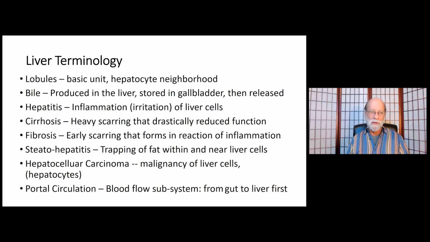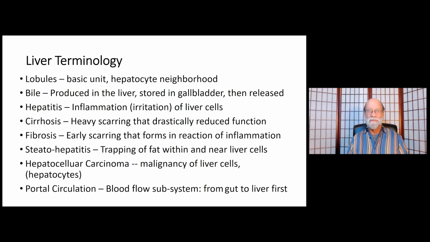And these neighborhoods are built around two types of freeways. The freeways that carry blood back to the rest of the body, and then these freeways that are carrying blood into the liver and also bile out of the liver. So it has this very interesting geography or architecture that helps it do what it does.